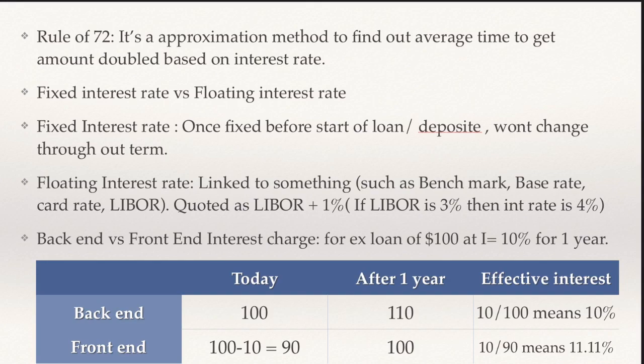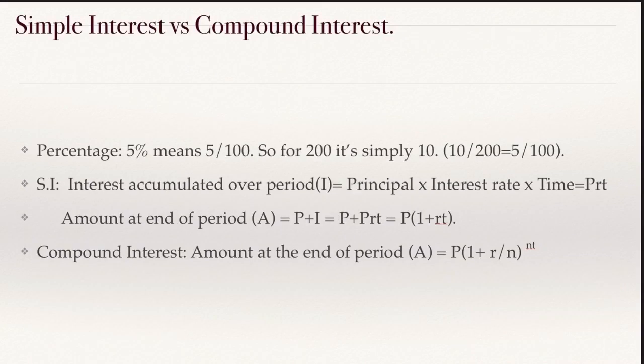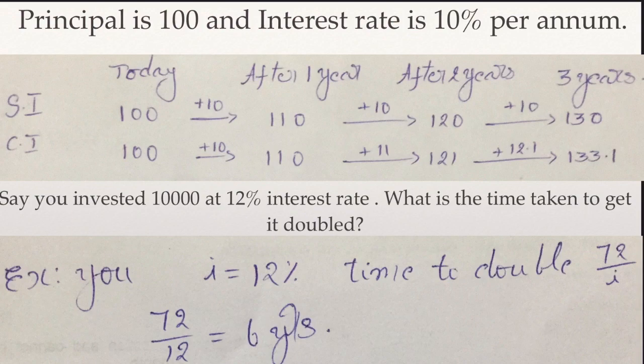Now the rule of 72. It is used for approximation to find out the time to double any amount, whether it is a loan, that means the amount you borrowed, or the amount you lent. Let's do a problem to understand the math easily. For example, you invested 10,000 at a 12% interest rate.